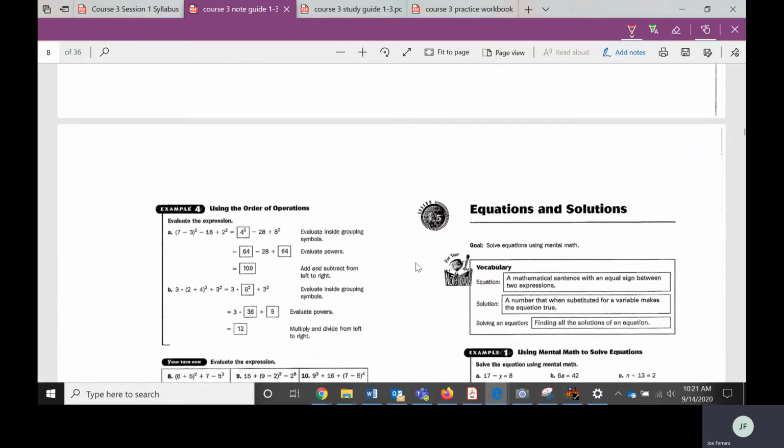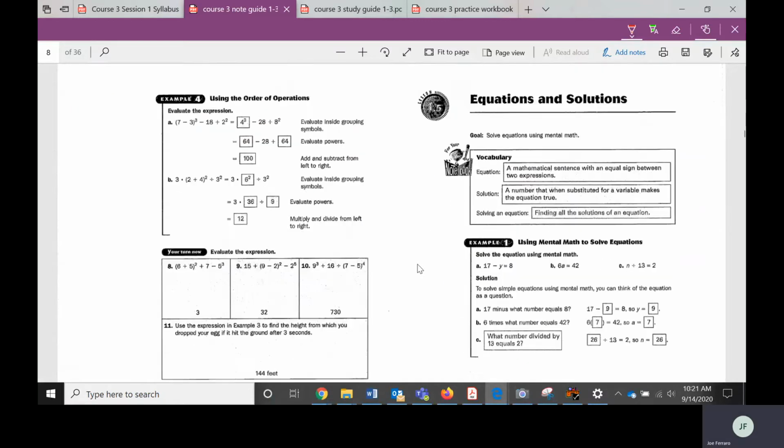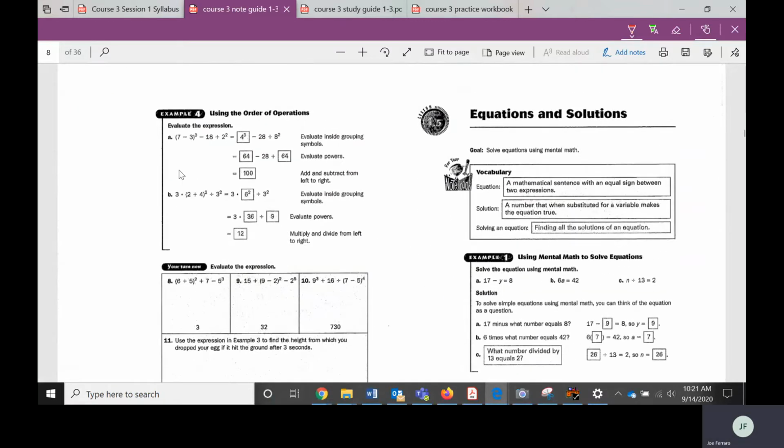Let's go down below. Look at some more of the order of operations here. It looks like we got some grouping symbols and some powers. It looks like they made an error in the writing here.